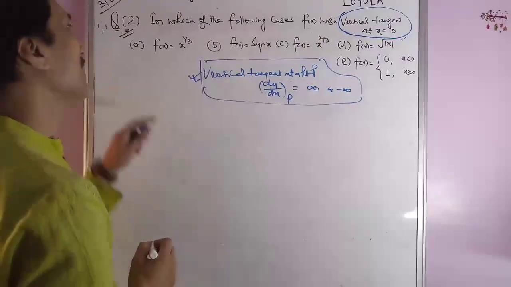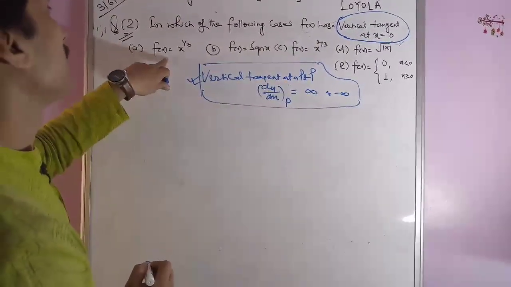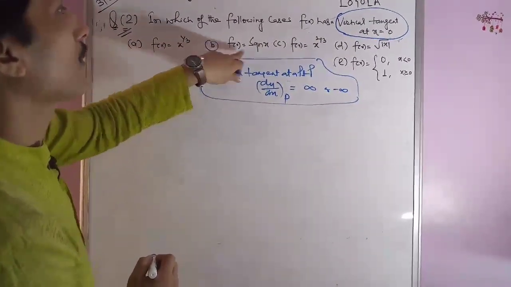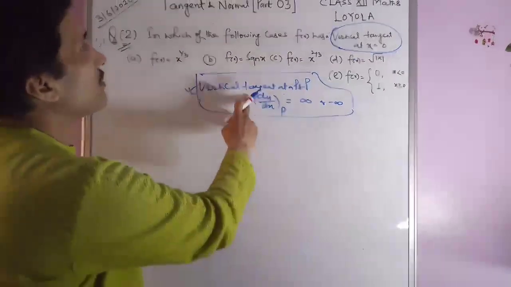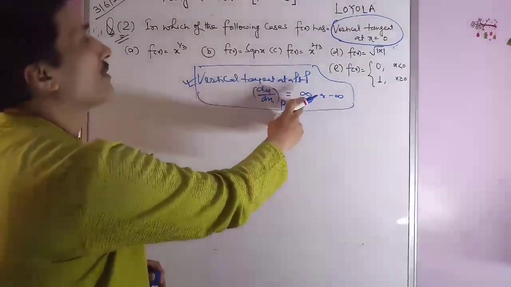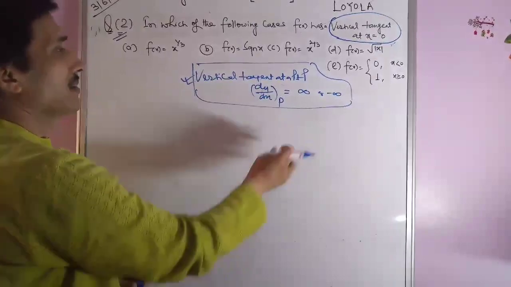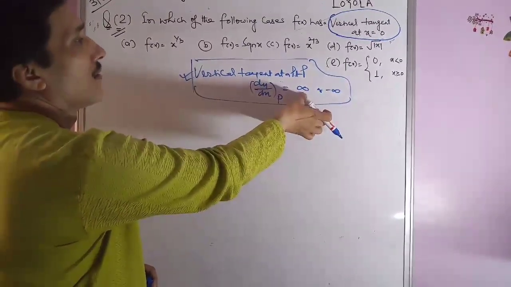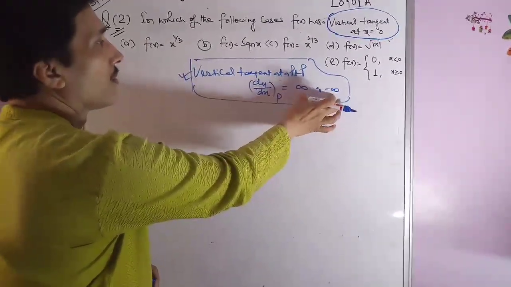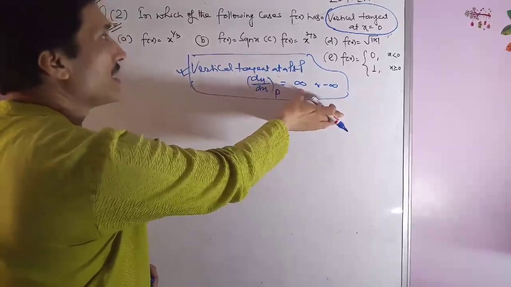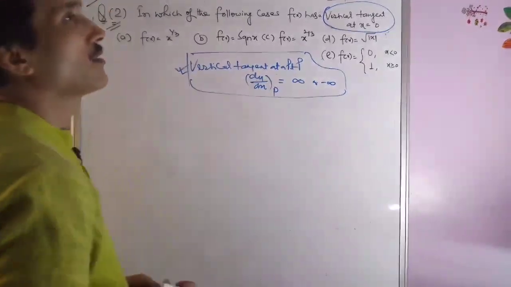We have to see in which of the following 5 cases dy by dx at the origin is infinity or minus infinity. Here only plus infinity or minus infinity, not both.